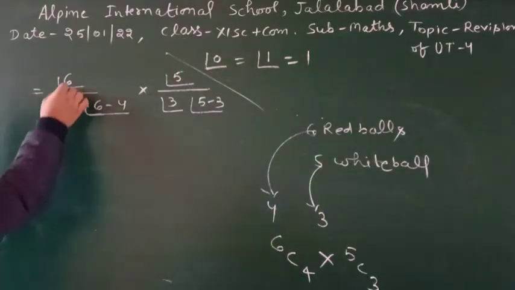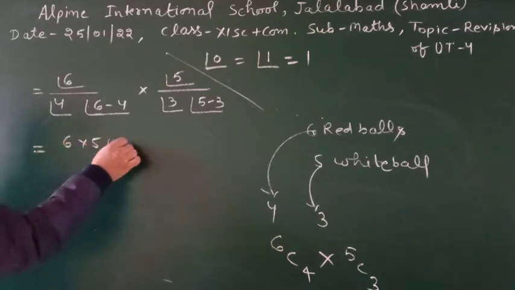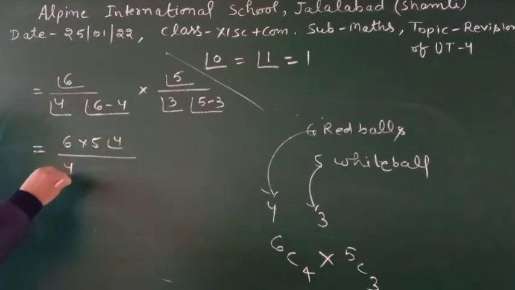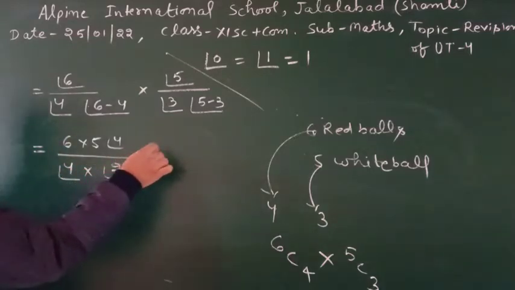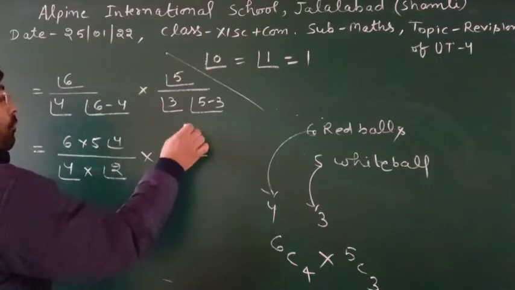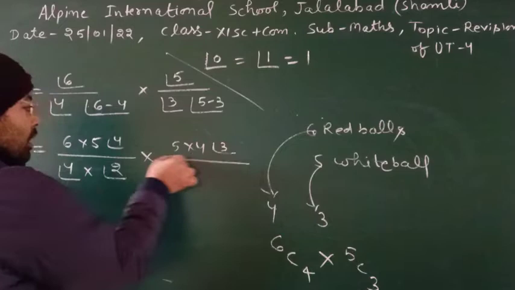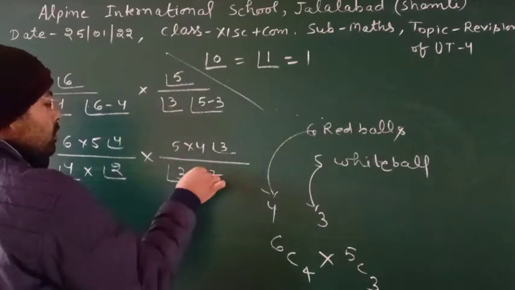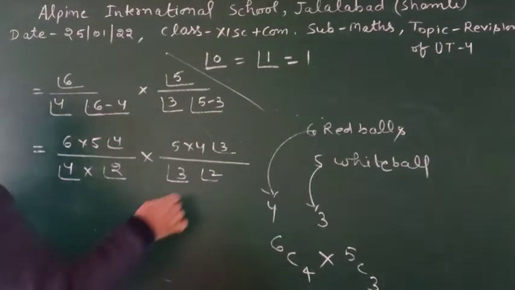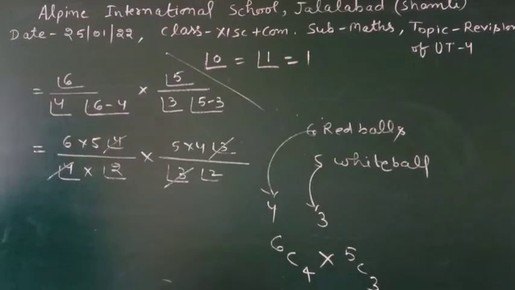Now factorial 6, open it quickly. So we have 6 into 5 into 4 upon factorial 4 into factorial 2, multiplied by factorial 5, open it: 5 into 4 into 3 upon factorial 3 into factorial 2. Clear? So factorial 3 will cancel, 4 with 4, and the remaining ones open them quickly.